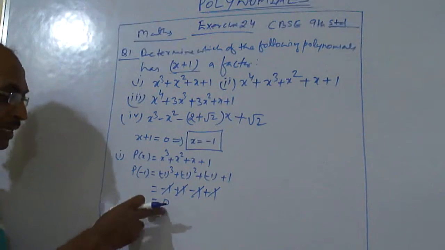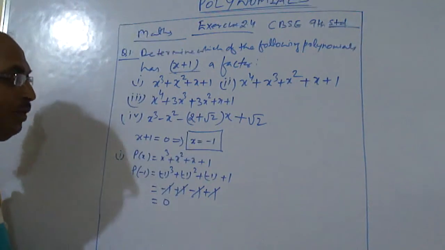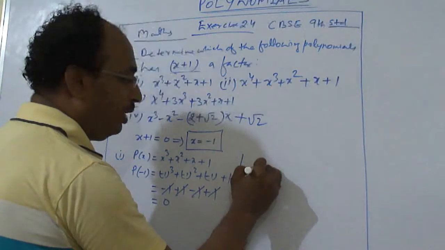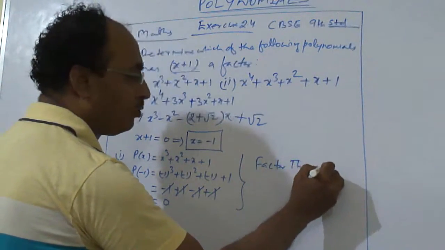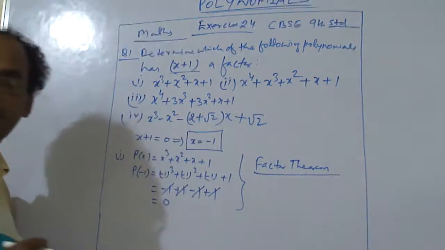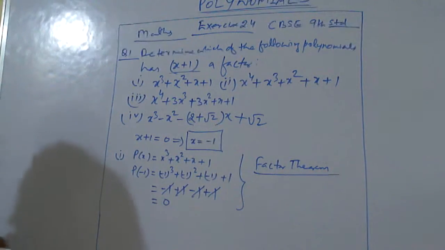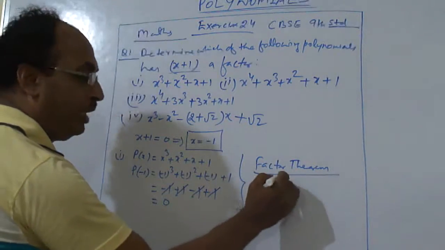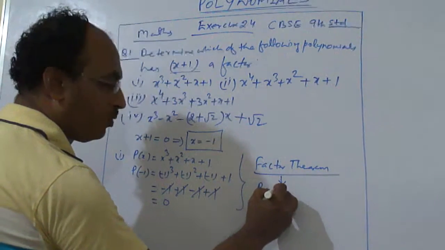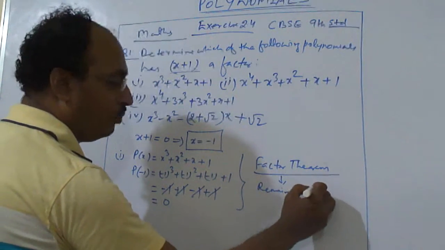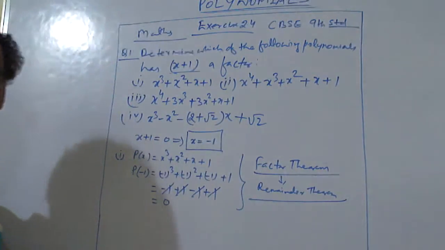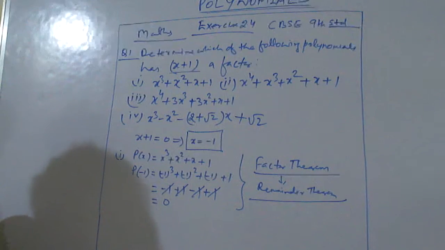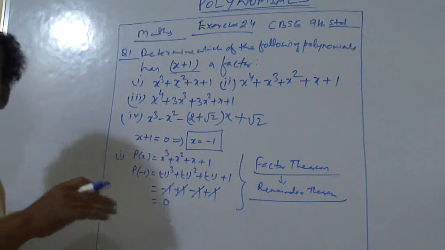So our remainder, it is just an extension. What we are doing here, we are utilizing the factor theorem. The factor theorem is just an extension of the remainder theorem. In the remainder theorem, we were finding the remainder, whether it is 0 or any other remainder.